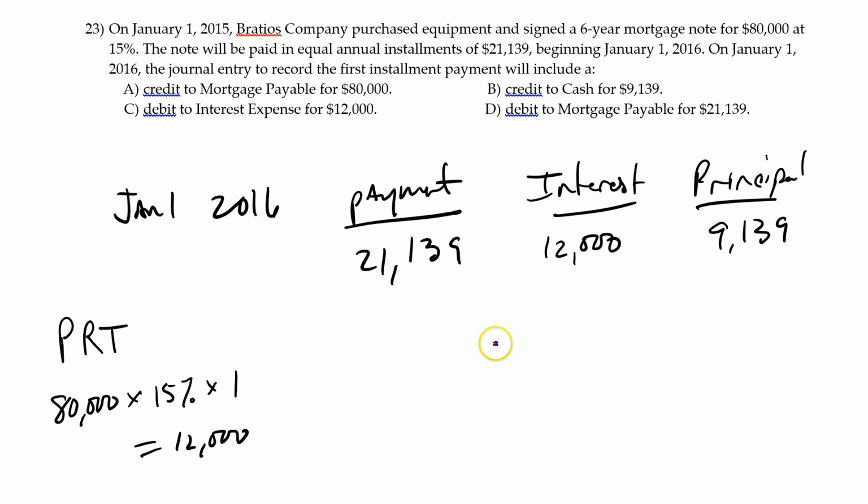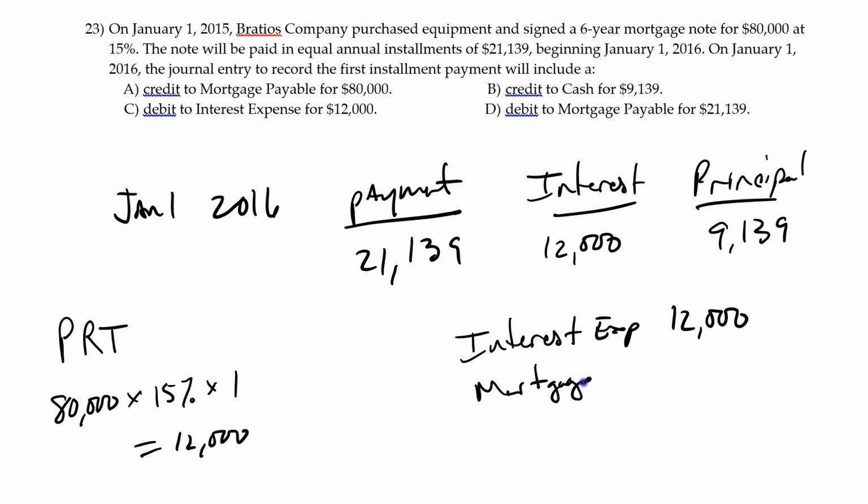The way we would journalize this is we would debit interest expense 12,000. We would debit mortgage payable 9,139, because the principal of our liability is reduced, and we would credit cash for 21,139.